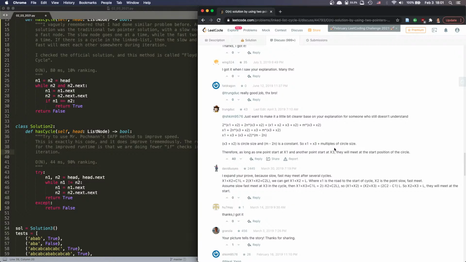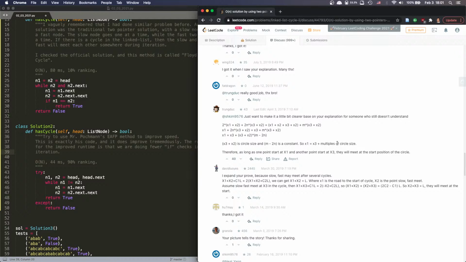Okay, this seems to be a better one. So what we're saying is the fast has moved m plus k times n plus p plus n. This is the fast moved.